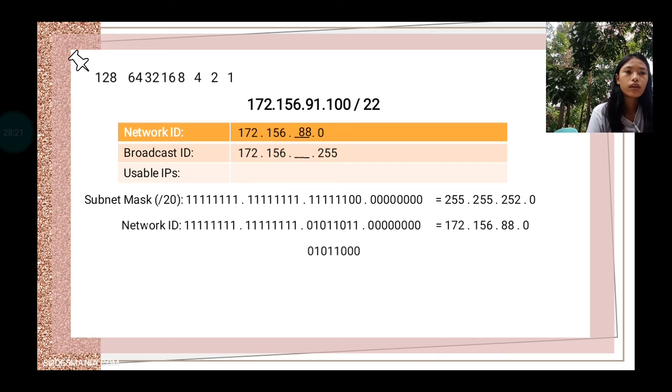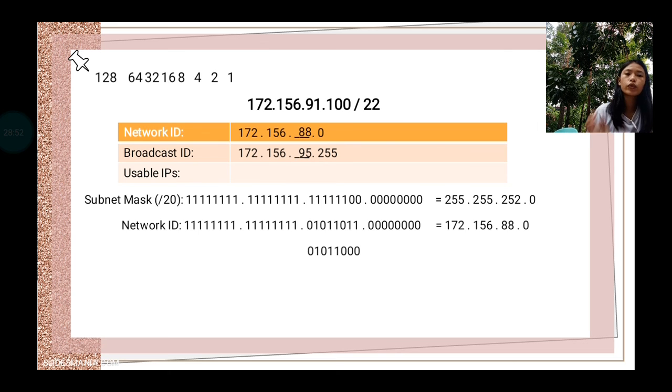Now we do the same thing as earlier. 88 plus 8 minus 1 would be 95. So now we already have our broadcast ID, which is 172.156.95.255.